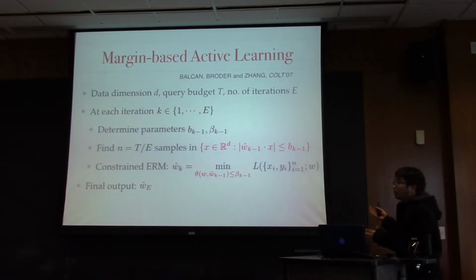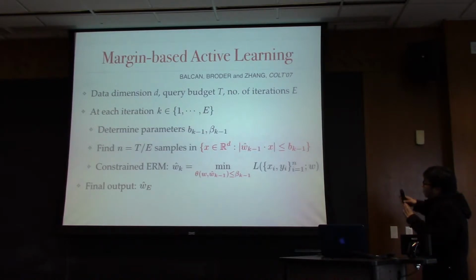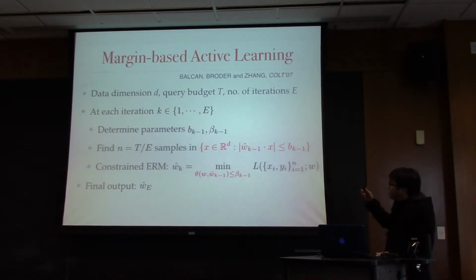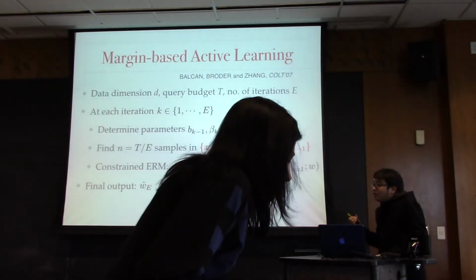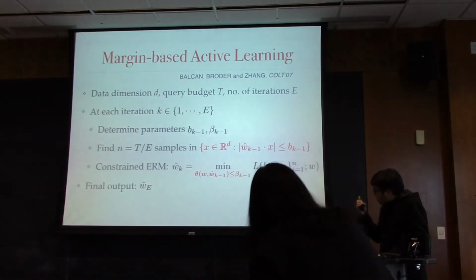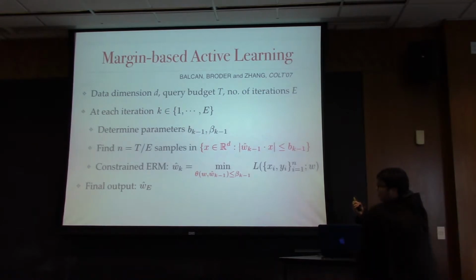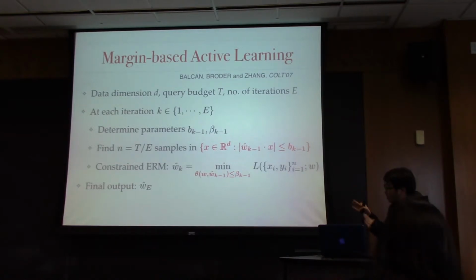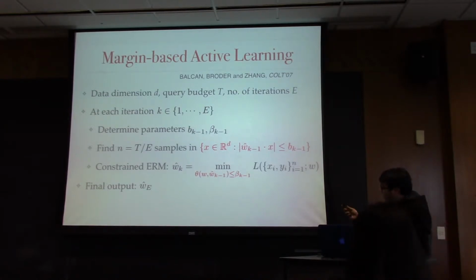The intuition of this algorithm is that those points that are very close to your classifier are those points that have the most uncertainty. So in order to improve the performance of your classifier, you have to constrain yourself to those data points that are most likely to be classified incorrectly.